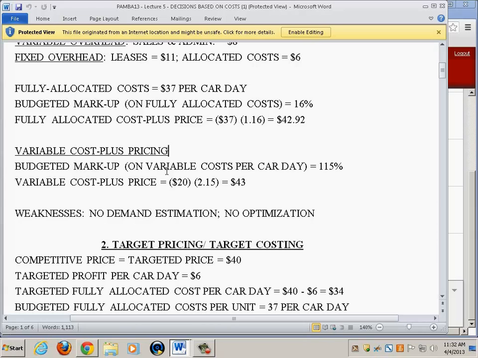So in this pricing method, we calculated our cost and tagged on 16%, and we decided that we want to be at point A, sell 30,000 car days at $43. But unless we know more about our demand, we have no guarantees that we can reach point A, right?